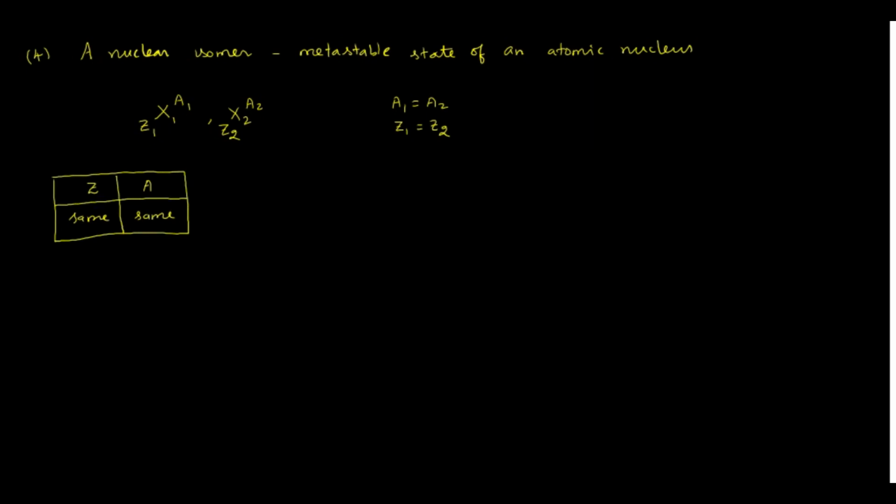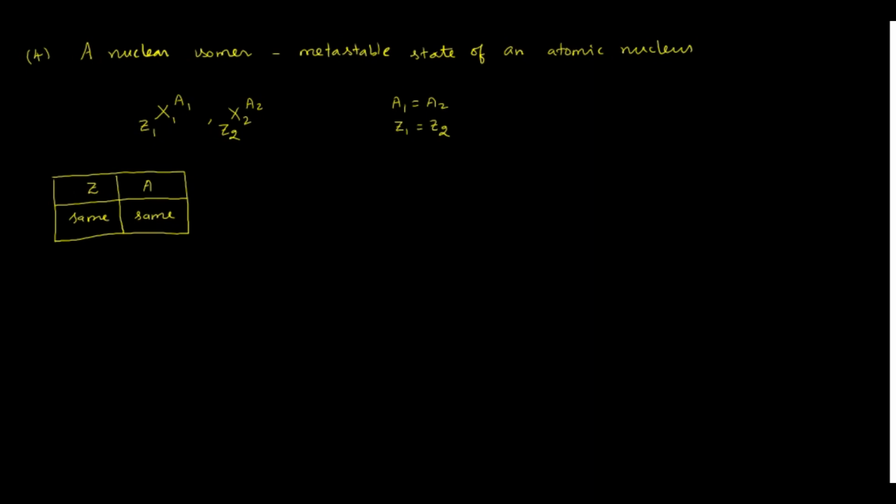So it's an interesting case where both Z and A are the same. But they differ from one another in the nuclear energy states and exhibit differences in the internal structure, okay. These nuclei are distinguished by their different lifetimes.